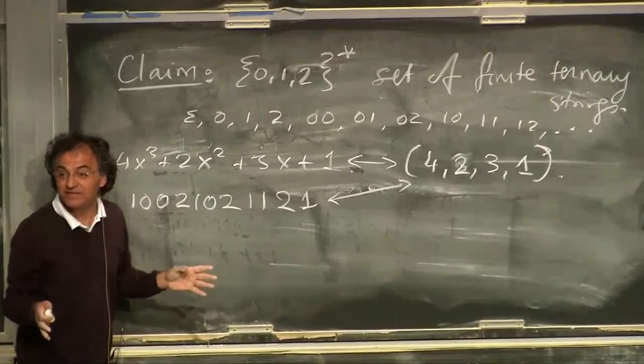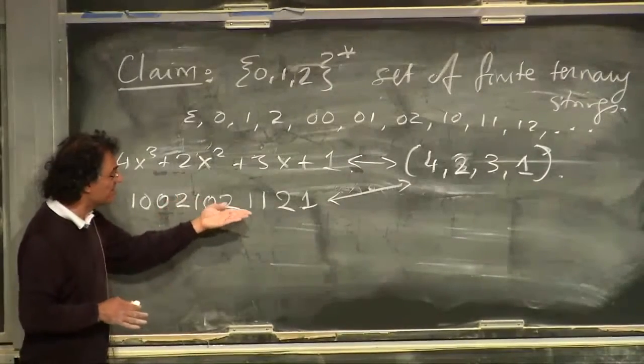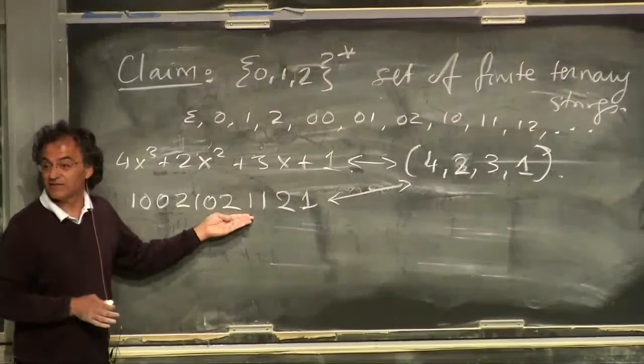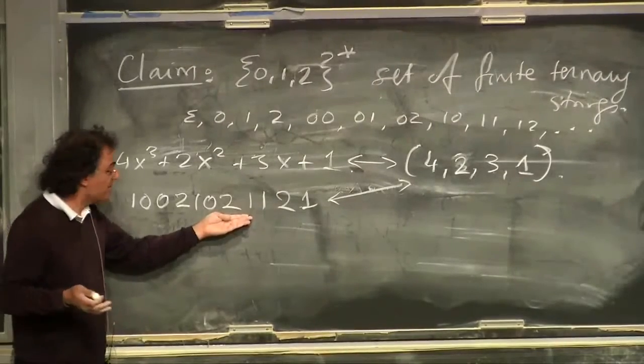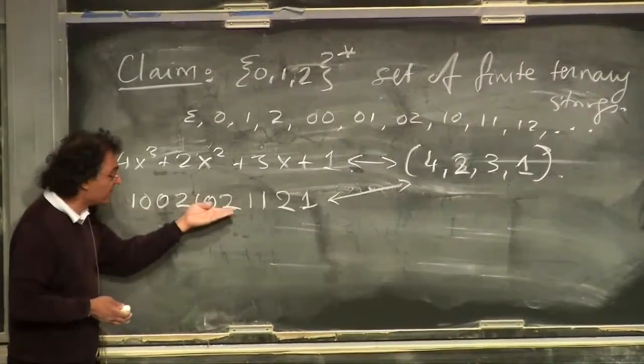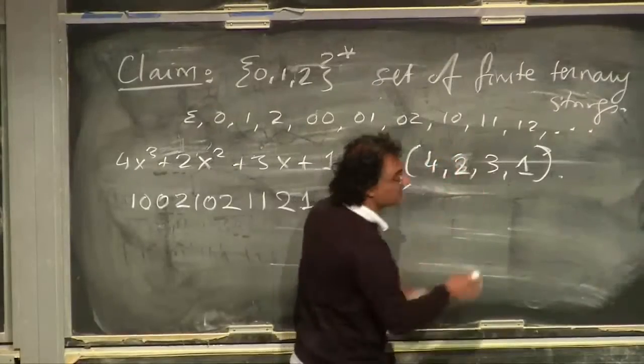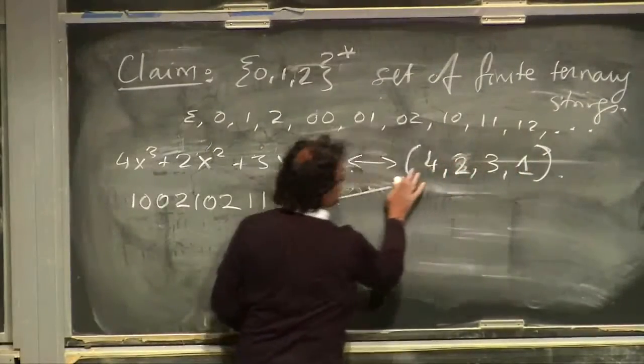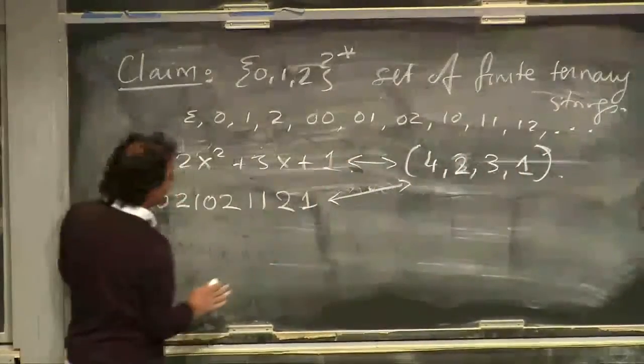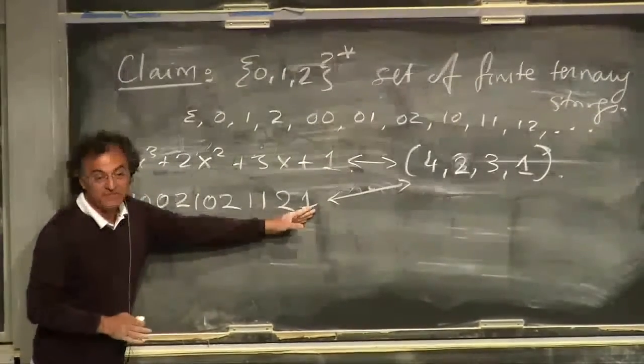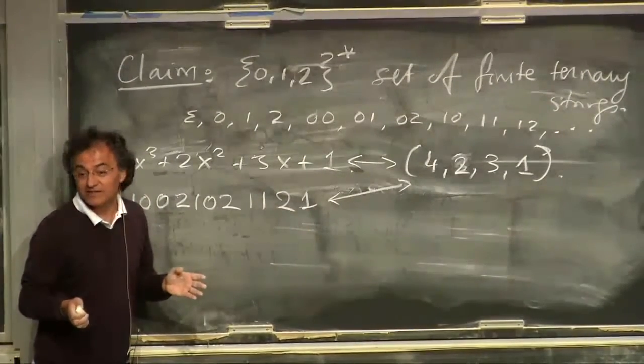And now I claim that this particular string is not going to be mapped onto by any other polynomial. How do you know that? Because you can read off the polynomial. Suppose I hid this 4, 2, 3, 1 from you and I just showed you this string. Can you tell me what the polynomial is? Yes, obviously.